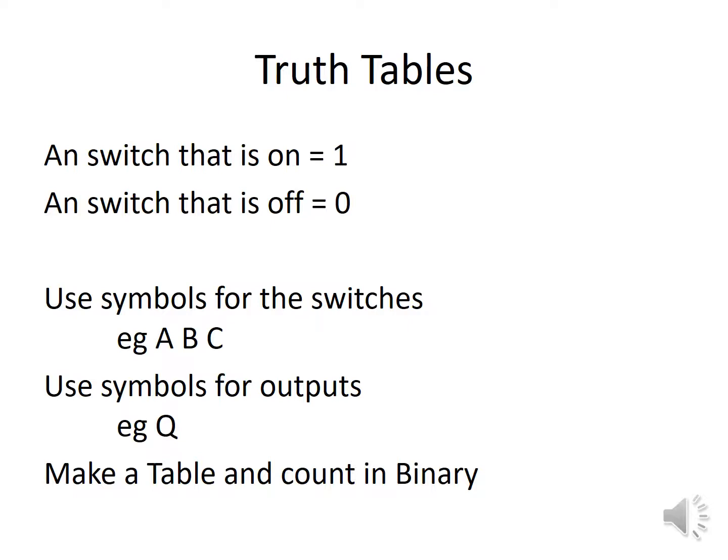Is 0 0, 0 1, 1 0, and 1 1, for example. So although it's strictly not a hard and fast rule, you'll find that every truth table does that. So the inputs will be a binary that's counting up.